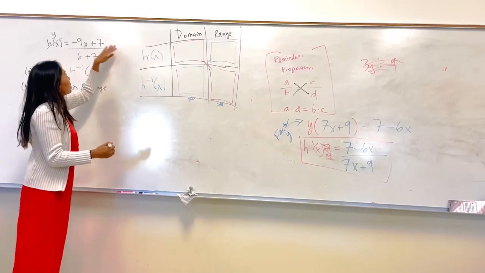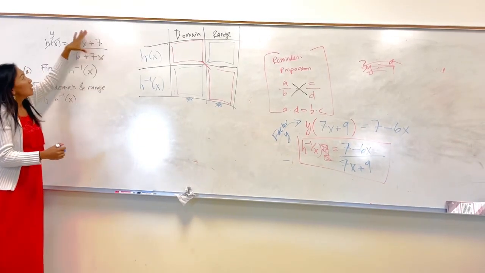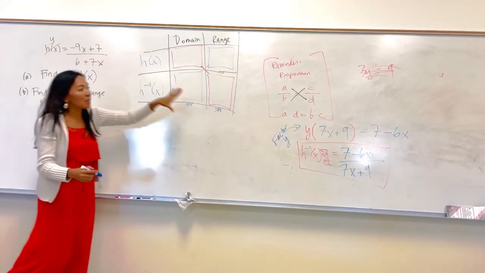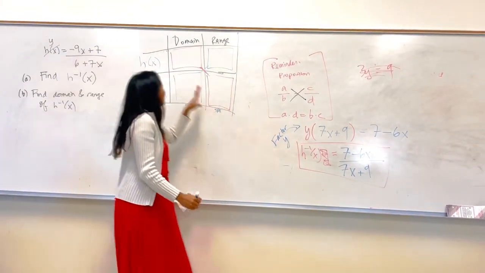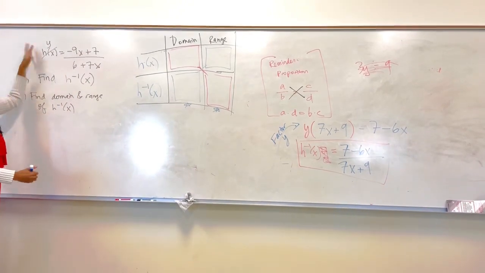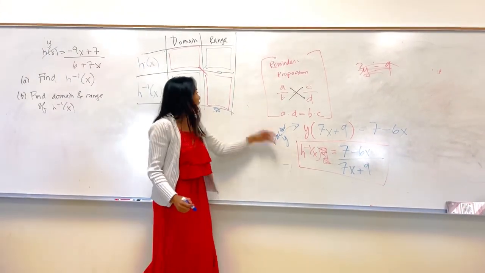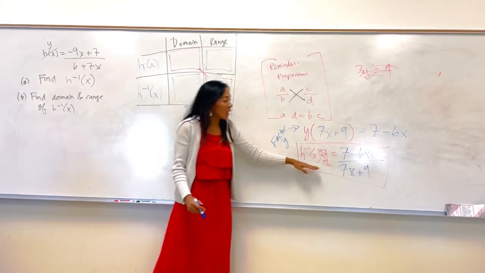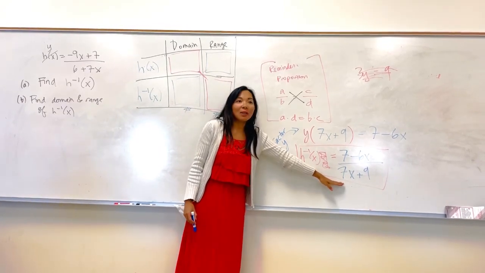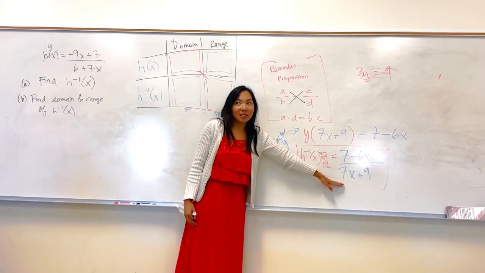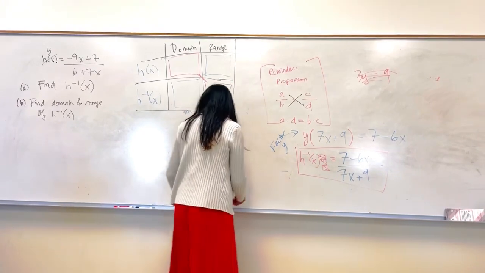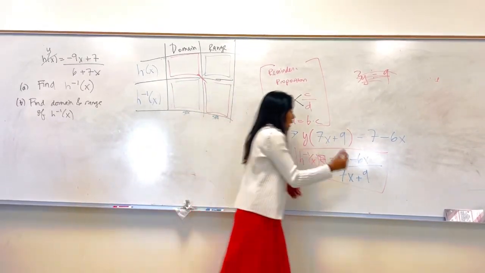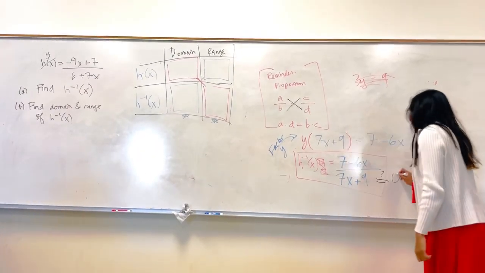Well, we know that with fractions, here is the h function and here is the h inverse function. Let's start with h inverse, since they're asking us for the domain and range. What can I never have in the denominator? 0. You can never have a 0 in the denominator of a fraction. So 7x plus 9, what causes the denominator to be 0?